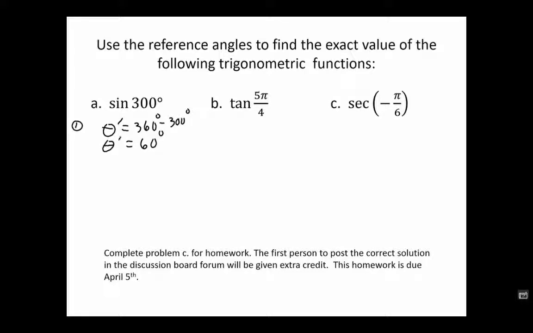All right? So the sine of 60 degrees, as you may recall, is the square root of 3 over 2.